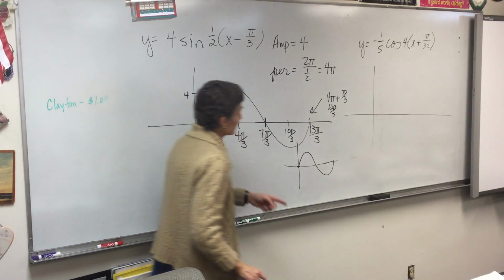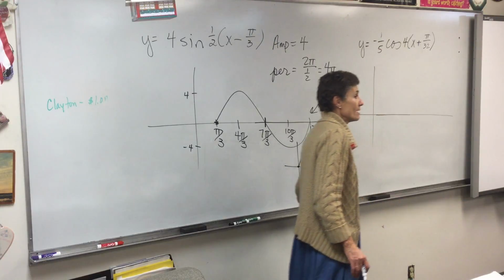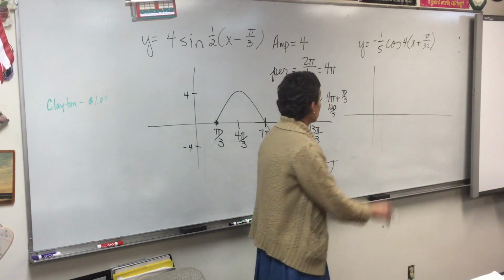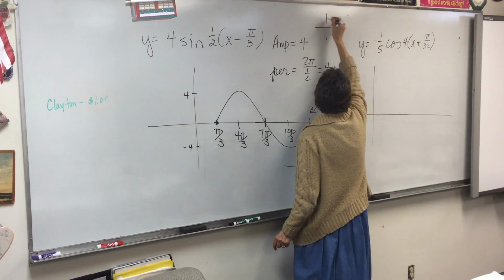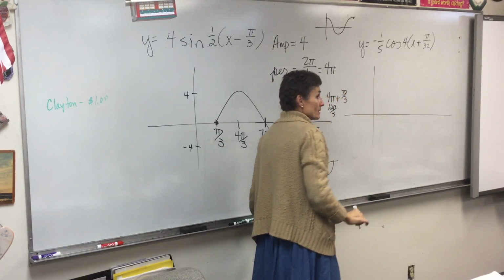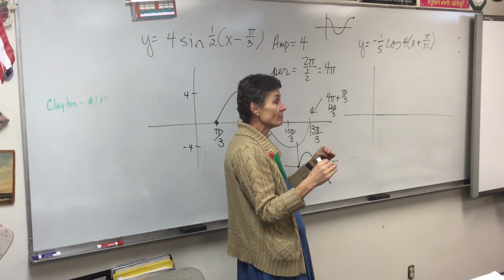Let's do a cosine. Oh, now wait a minute. The first thing I notice is this is a negative cosine. So remember, cosines normally go from top to top, right? From the top of the hill to the top of the hill. But I'm going to turn this over now because of that negative.